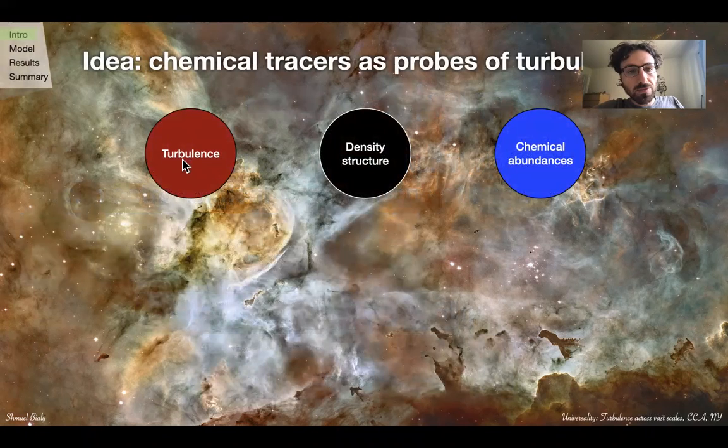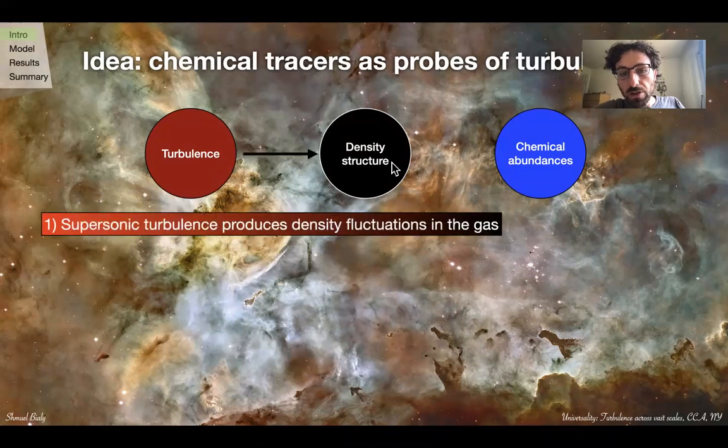And the basic idea is as follows. We have turbulence in the interstellar medium, magnetized turbulence, and we want to understand its properties, like what drives it and what's the scale of the driving process of turbulence in the ISM. And the turbulence, once it becomes supersonic, it produces density fluctuations.